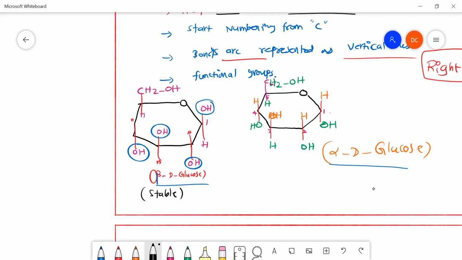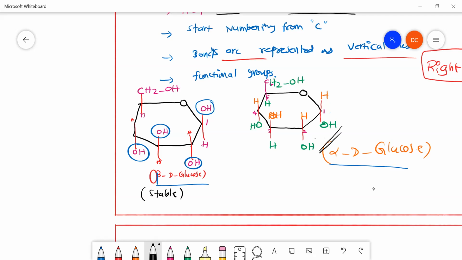Because there are two reasons. The first reason is that alpha D glucose is less stable because the OH groups are very near to each other. They are very close and have repulsion, the oxygen lone pair repulsion. So compared to beta D glucose, alpha D glucose is less stable.